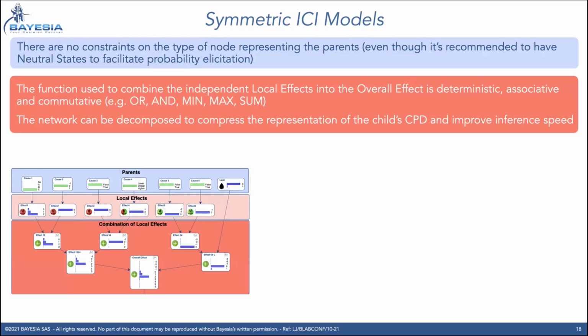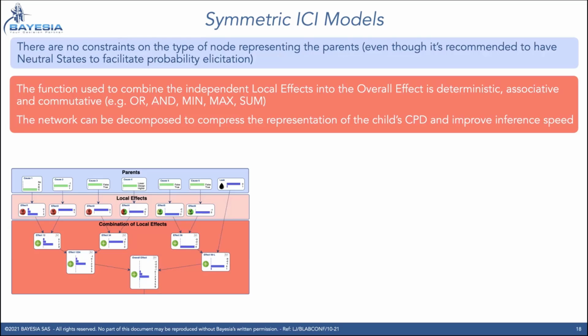And then we have local effects here. So we have a layer for representing the local effect. This is the same thing as the mechanistic model I was describing with the noisy OR, right? And we have a function that will combine these local effects into an overall effect. This function is deterministic, associative, and commutative, which means that we can use the OR that I've just described before.